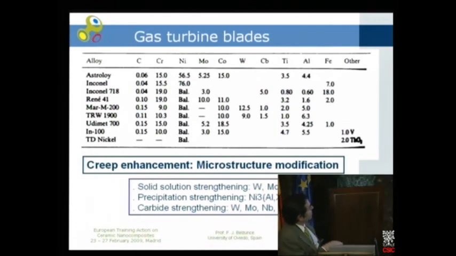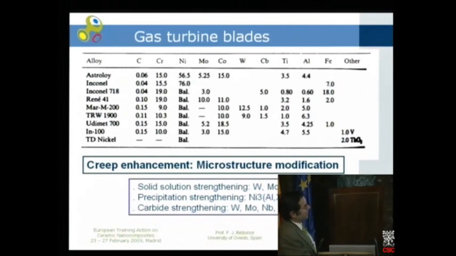These are, for example, the materials now used in these blades, which are based on nickel. The main component is nickel, but there are a lot of different alloying elements. Some, like tungsten, molybdenum, cobalt, and chromium, are used for solid solution strengthening, in order to make it difficult for the dislocations to move.